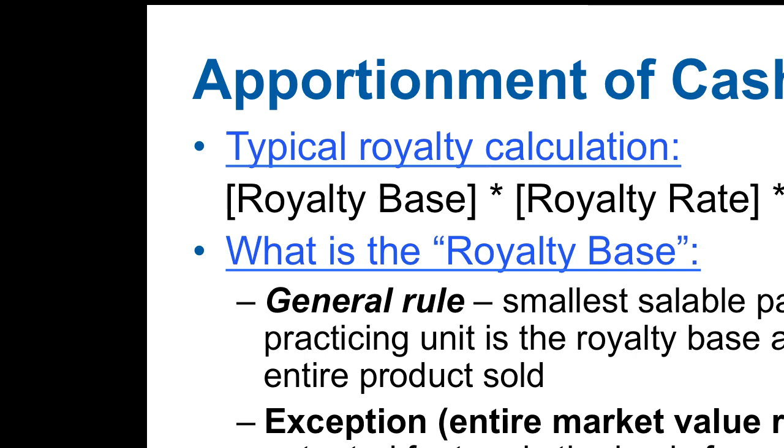One of the big questions is, well, what's the royalty base? And that will have a significant effect on what your valuation is. The royalty rate obviously does too, but the royalty base is really what you want to look at. The general rule is that the smallest saleable patent practicing unit is the royalty base. And it's not the entire product. So my iPhone 6 example costs $1,000.